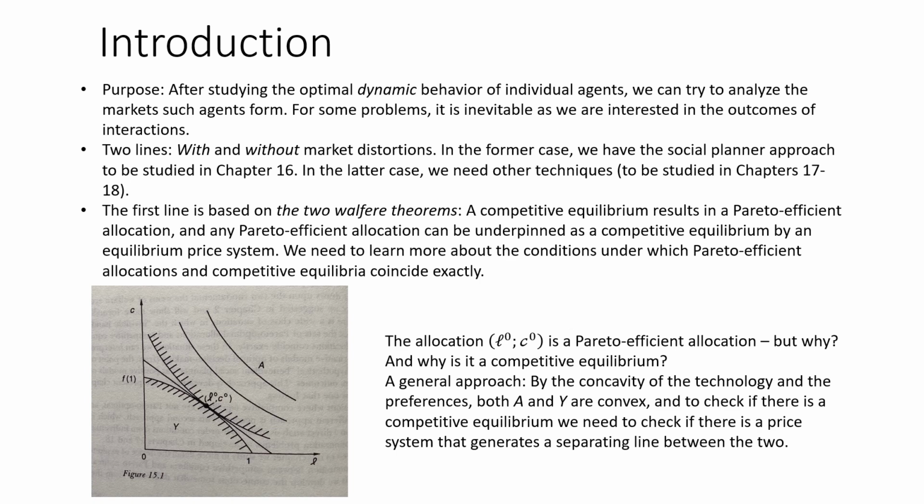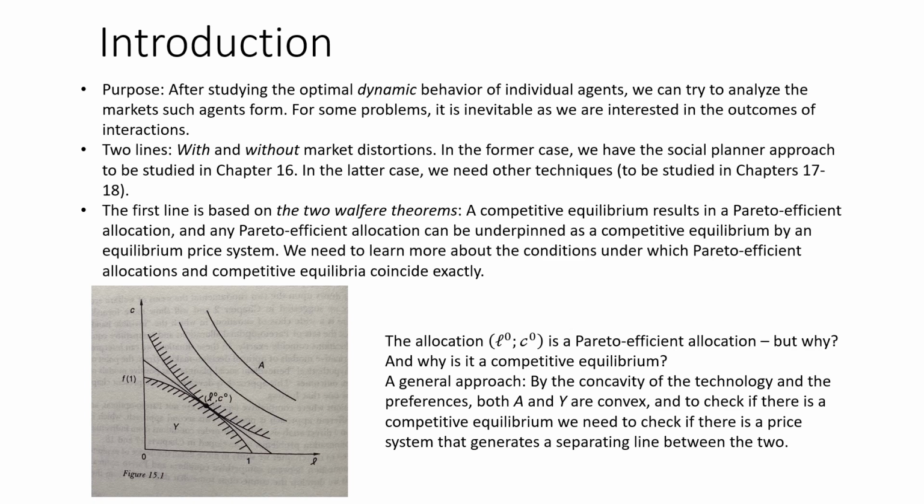In the second approach, there are market distortions, and this is what we are going to study in the last two chapters of the book. Okay, so now we are taking the first approach, which is based on the two welfare theorems. These two welfare theorems are of fundamental importance in general equilibrium analysis, and they are quite simple.